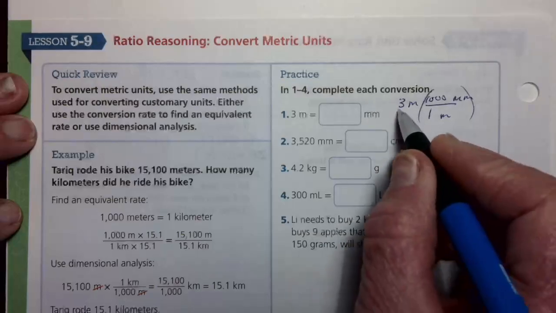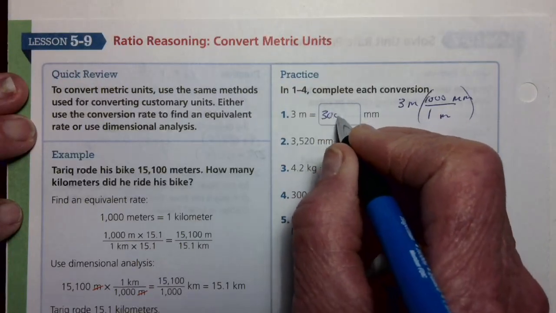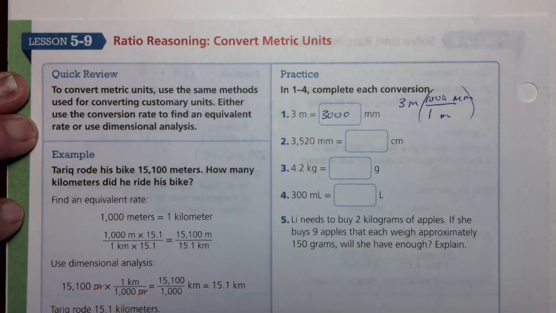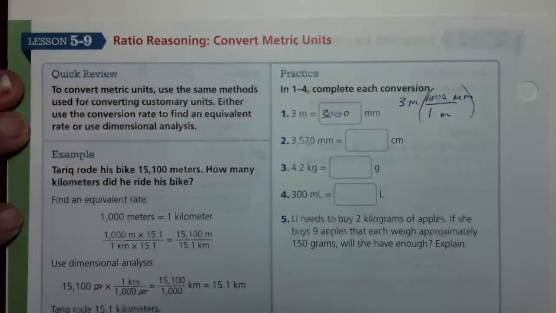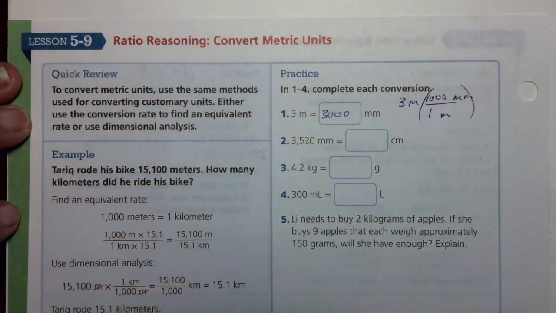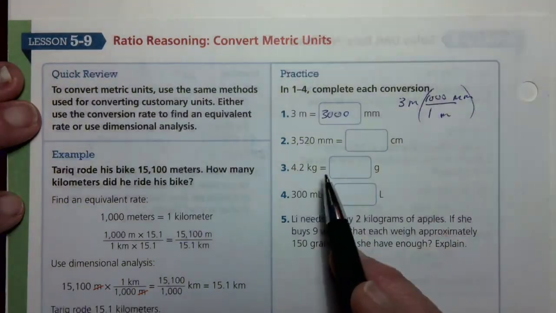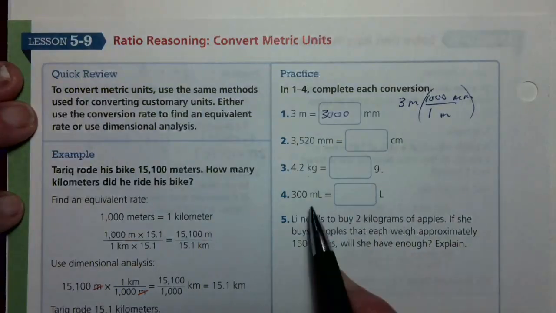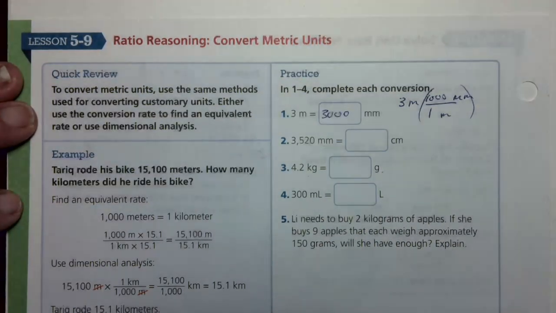So that would be 3 times 1,000, which is 3,000 millimeters. Once again, you have to look them up, or look at the anchor charts, or get your teacher to help you look them up, but you want to go from millimeters to centimeters, kilograms to grams, milliliters to liters. Okay?